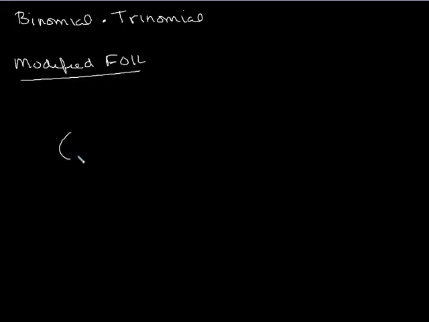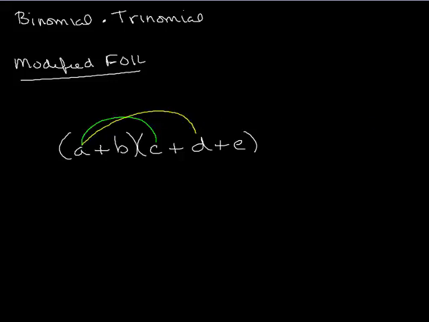What happens now is I have to take my first term and multiply it times each term in my second polynomial. Then I take the second term and multiply it by each term in my trinomial.